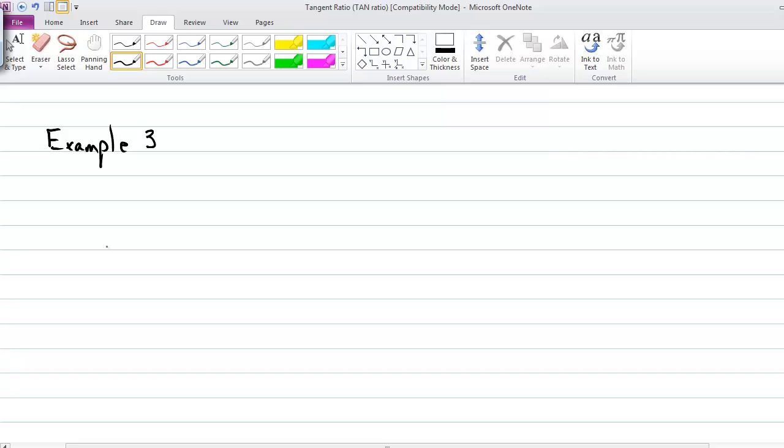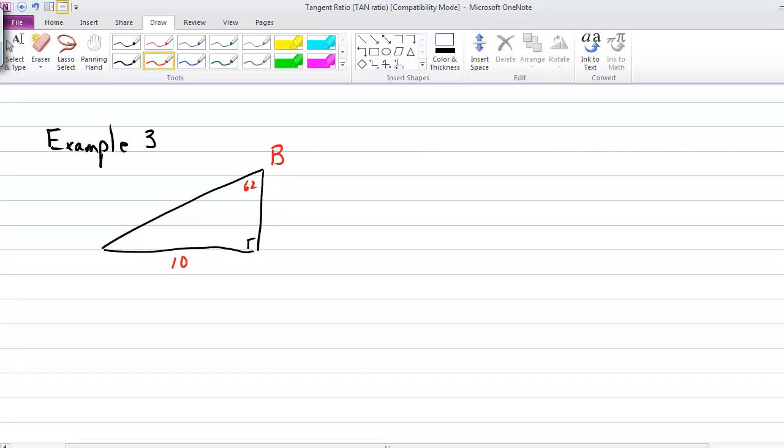So here's my picture. I have this right triangle, not to scale, but it's not bad. We're going to call it angle B this time. It really doesn't matter what you call it. I know that angle B is equal to 62 degrees.